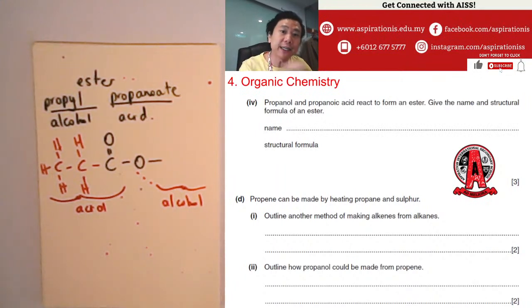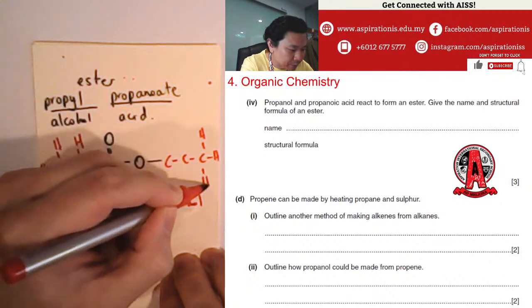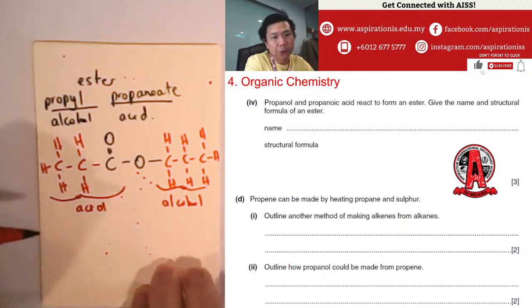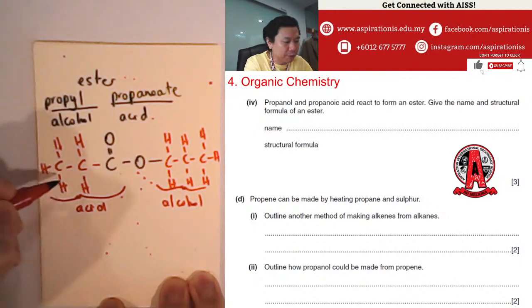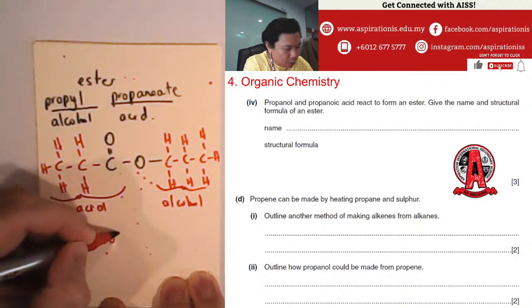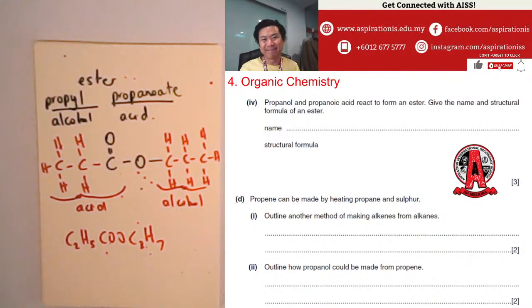So you also have 3 carbon atoms. So 1, 2, and 3. So how do you come up with that structural formula? C2H5COOC3H7. That's how you get the answer. So I hope this was helpful. If you're facing any difficulty, please write it down. If not, we will move on to part D.